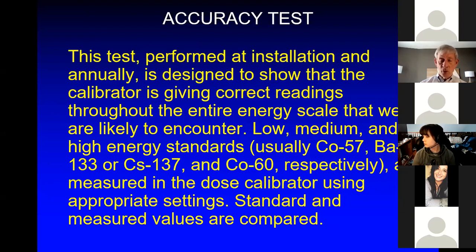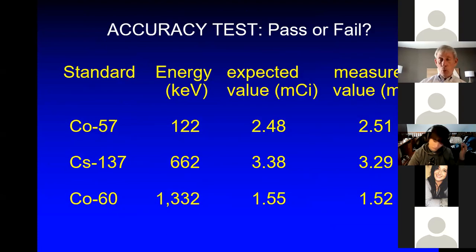So the first thing we do is we take out our trusty calculator or a decay chart, and we take the cobalt-57 standard that we buy, we decay correct it to today's date. We do the same for the cesium and the same for cobalt-60. So we know what those three sources should read today. We measure them today. We compare the readings we got with the expected readings. So I'm going to show you an accuracy test, and I would like you to tell me if it's a pass or a fail.